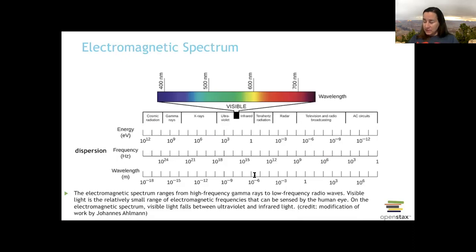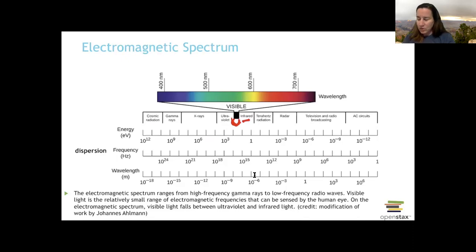And so we can see it here in this picture. Visible light is only this section right here out of the electromagnetic spectrum. That's the stuff that humans can actually see. Below that, we're going to have infrared. You and I cannot see infrared. We can use infrared cameras, though, and translate that information into something that we can see.